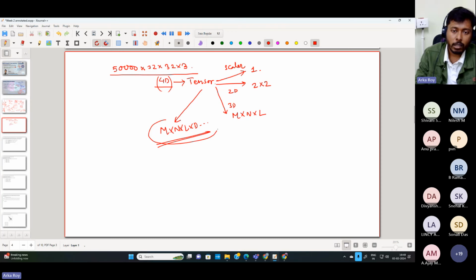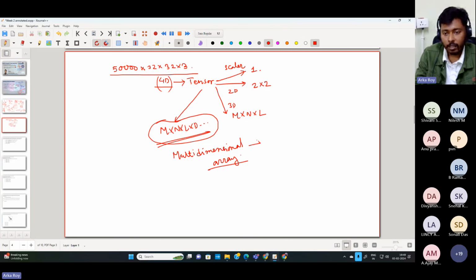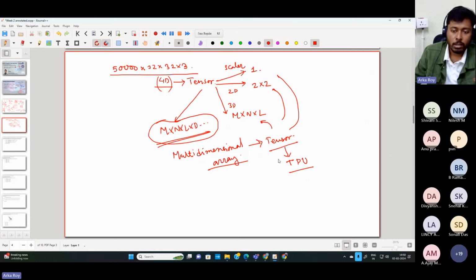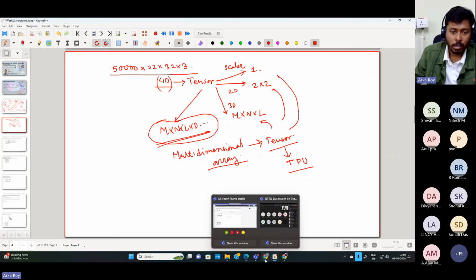Because in machine learning or deep learning, we handle multi-dimensional arrays, this multi-dimensional array refers to the tensor, and you can generalize it to scalar, 2D matrix, 3D matrix. To deal with tensors, there is a separate accelerator called the tensor processing unit. It is designed only for machine learning and deep learning applications.